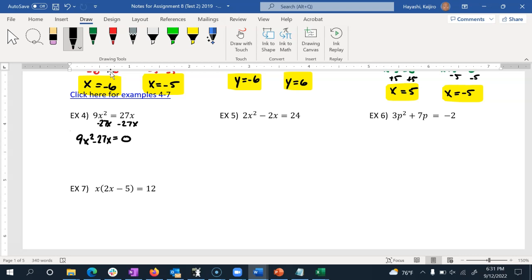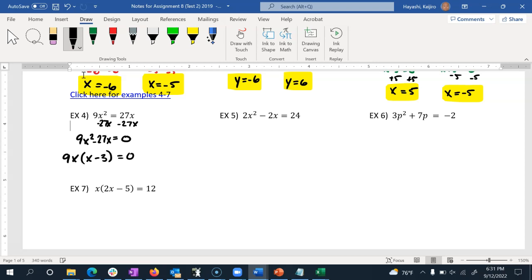Is there anything you can factor out of both terms? A 9. Right, not just a 9, but a 9x. If you factor out a 9x, what are you left with? Just plain x and a minus 3.